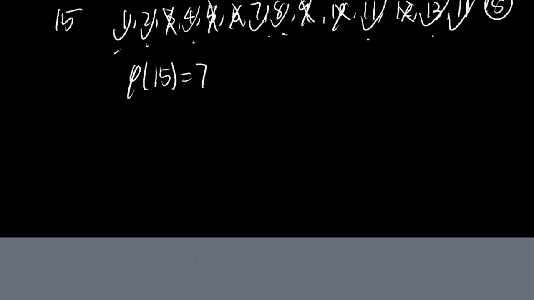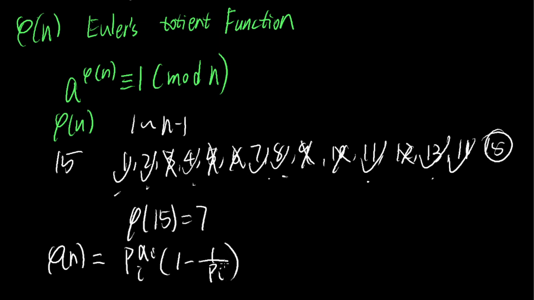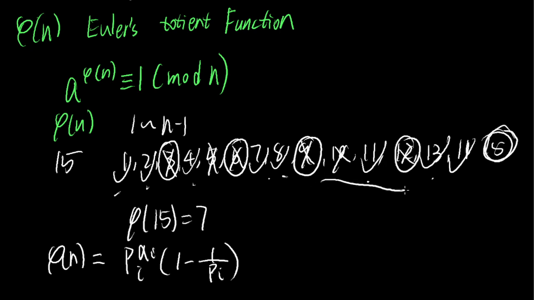Similarly, the general formula for phi n is that for each prime p_i to the power of alpha_i, we multiply by 1 minus 1 over p_i, because in general, among the first 15 integers, the numbers that are not co-prime with 3 occur once every 3 integers. These are the multiples of 3, which occur every 3 times.